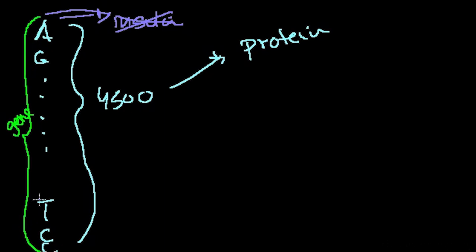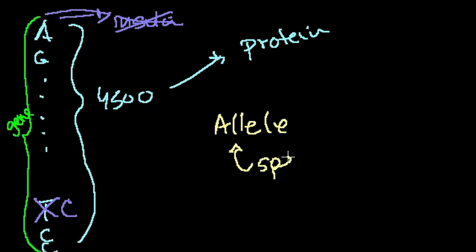Maybe instead of a T here, sometimes there's a C there. It still codes for the same protein. It doesn't change it quite enough, but that protein acts just a little bit different. It has a slight variant, I'll use that word. Now, each variant of this gene is called an allele. An allele is a specific variant of your gene.